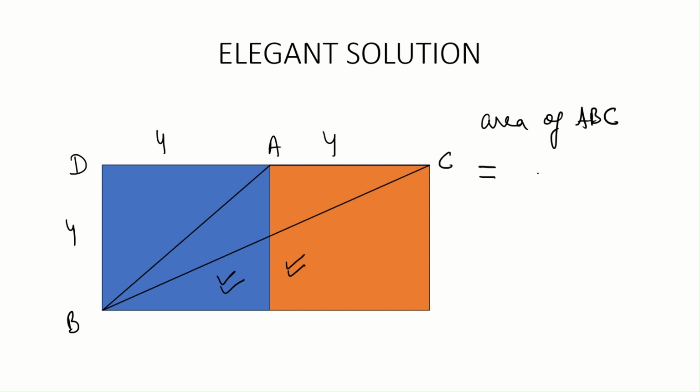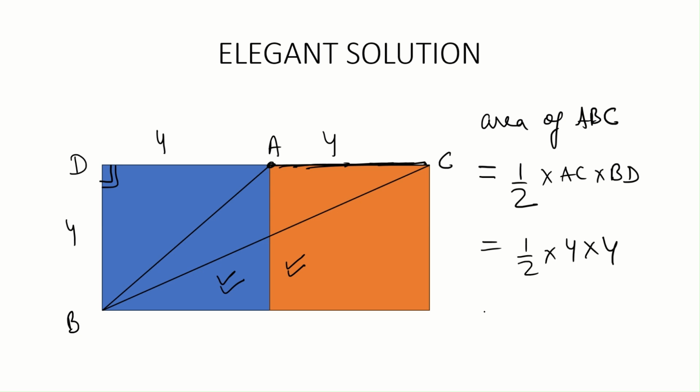Area of triangle ABC equals half of, let's say AC is the base of this triangle. And if AC is the base, we can very easily see that BD is going to be the altitude. So the area is half base multiplied by altitude. And since both these lengths we have taken as 4, the area is coming out to be 8 square units. How amazing.